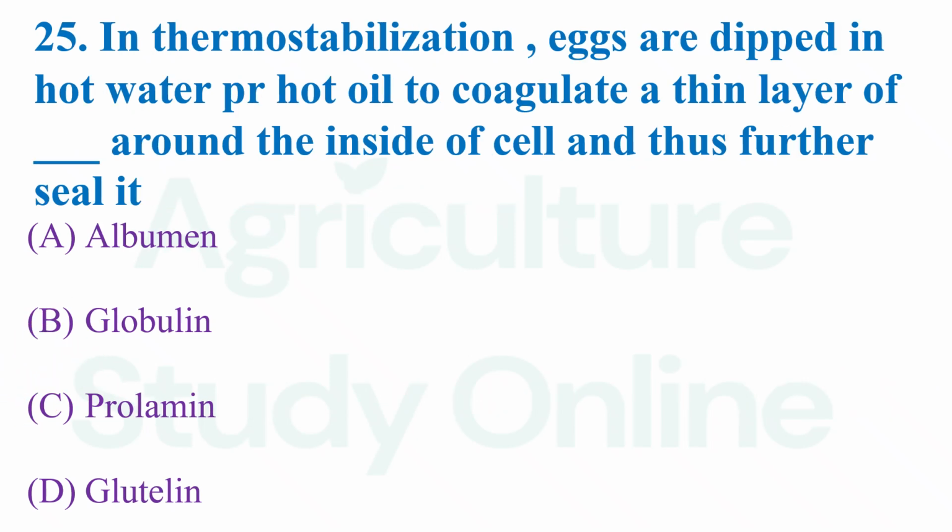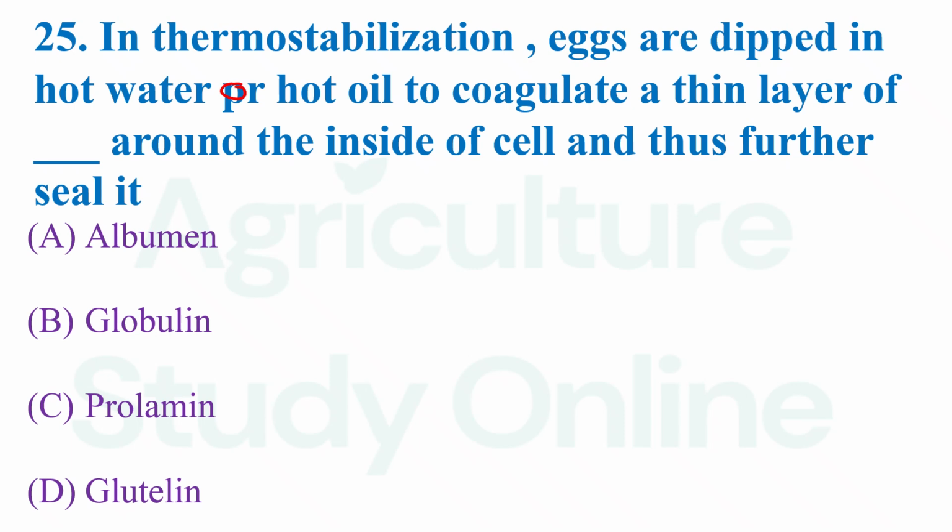Question number 25. In thermostabilization, eggs are dipped in hot water or hot oil to coagulate a thin layer of dash around the inside of the shell and thus further seal it. Eggs have tiny pores in the shell through which moisture and gases can pass.